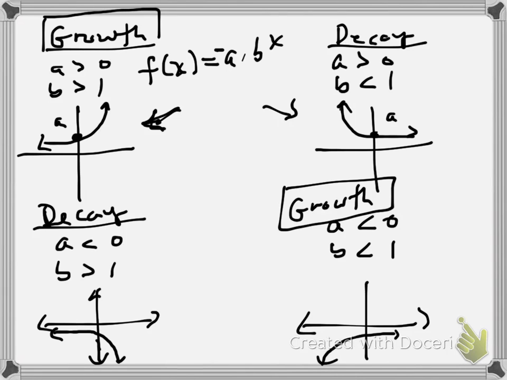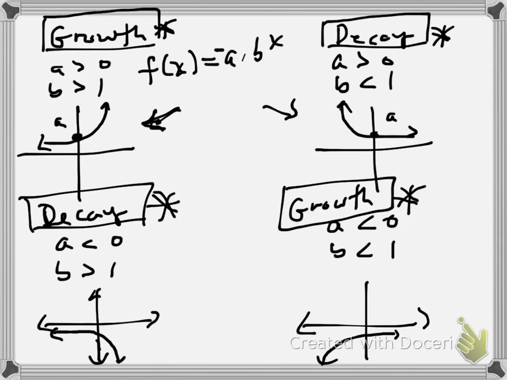So I have 4 conditions here: two conditions for growth, here and here, and two conditions for decay, here and here. So you want to be paying attention to that as you work through homework problems 31 through 34.